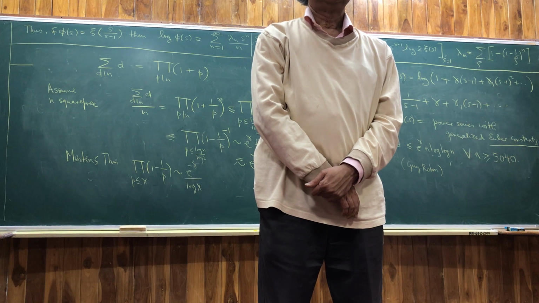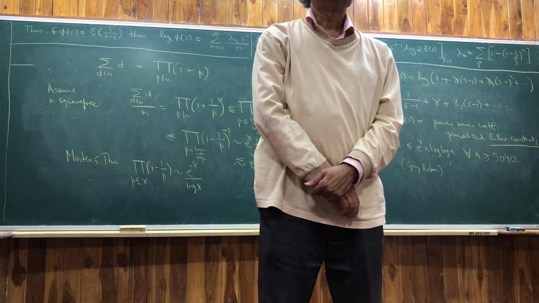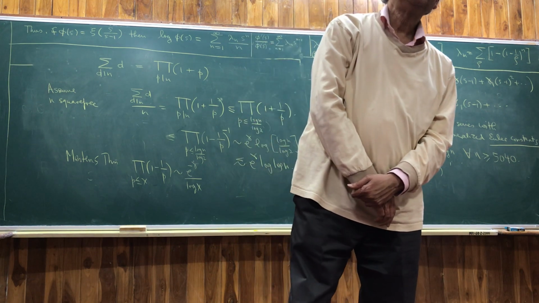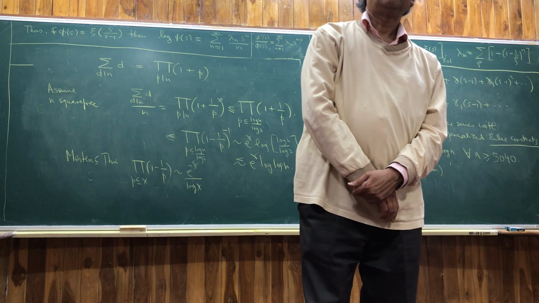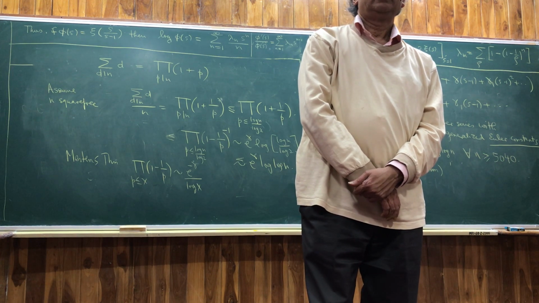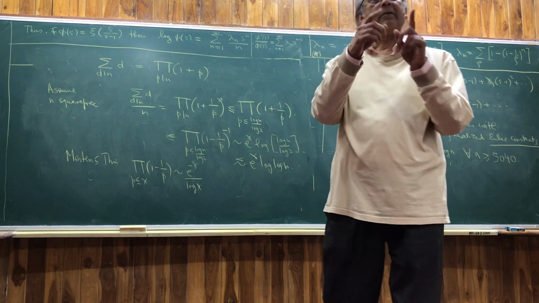Sir, you said lambda 3, lambda 4, these are negative. So how can one negate that? No, not lambda 3, lambda 4. Kappa 3, kappa 4, these are negative. Well, they are negative, but remember, it was the sum of the kappas.